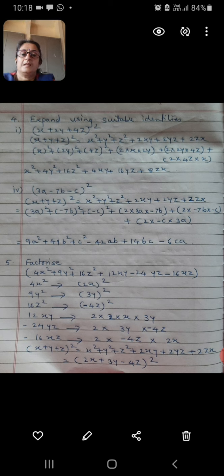Next again, the product is given, and you have to find out the factors. So 4x square plus 9y square plus 16z square plus 12xy minus 24yz minus 16xz. If you split 4x square, that is (2x) square, 9y square is (3y) square, 16z square is (minus 4z) square.